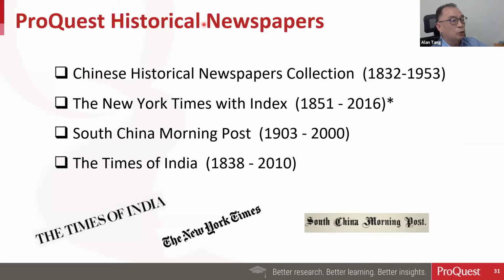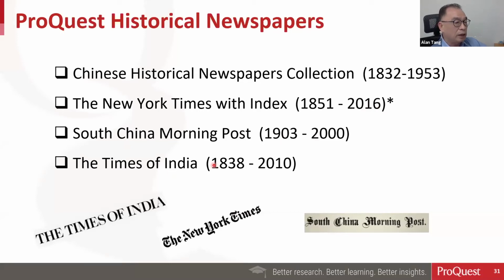And the first one is the Chinese historical newspaper collection from 1832 to 1953. New York Times, as I said, 1851 to 2016, and next year will be 2000 to 2017. Okay, same thing in South China Morning Post, 1903 to 2000.